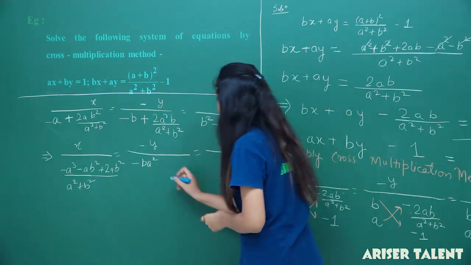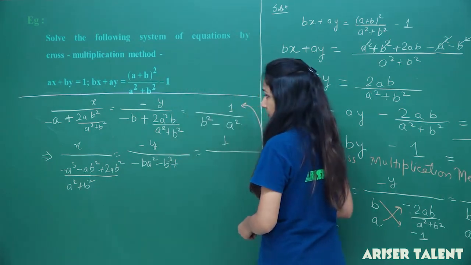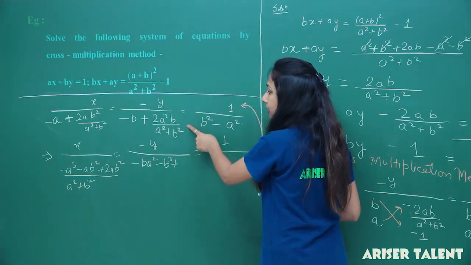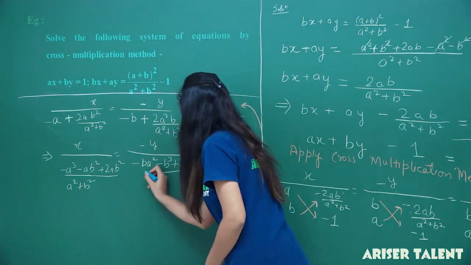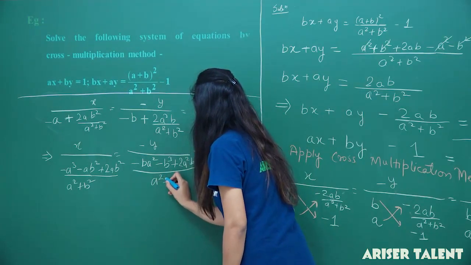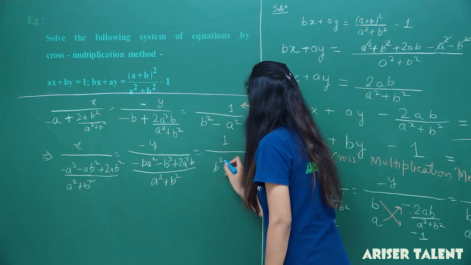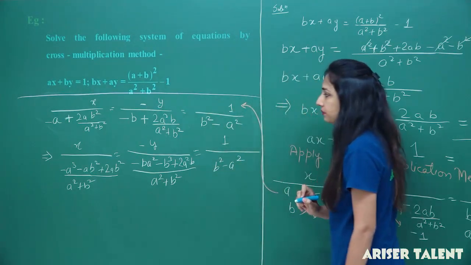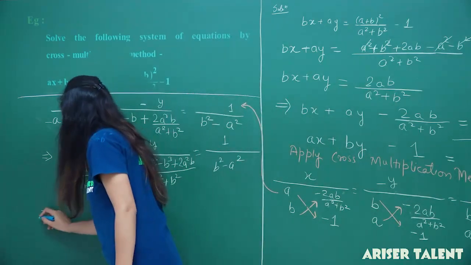So, minus b cube, minus b cube plus 2a square b. So, again 2a square b, then divided by a square plus of b square. Now, this is again a square minus b square. Understood?